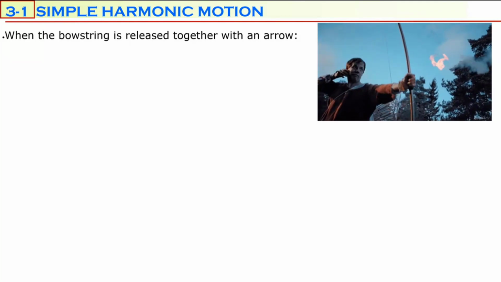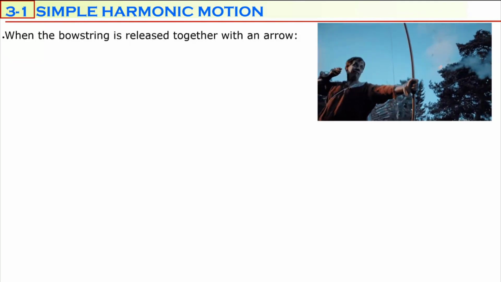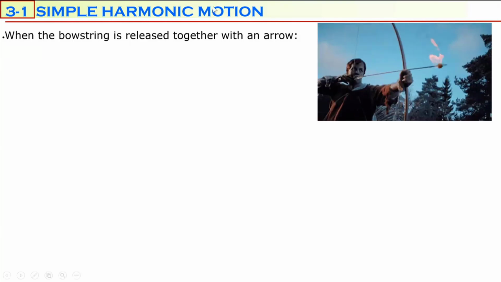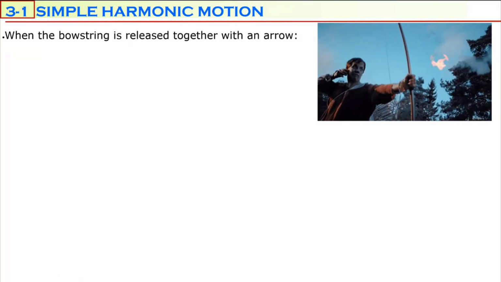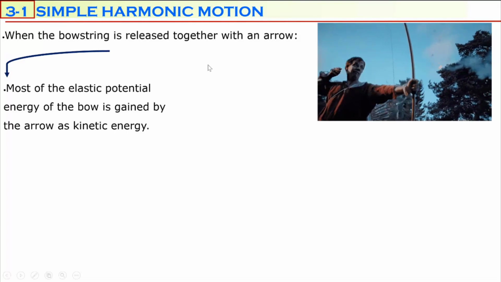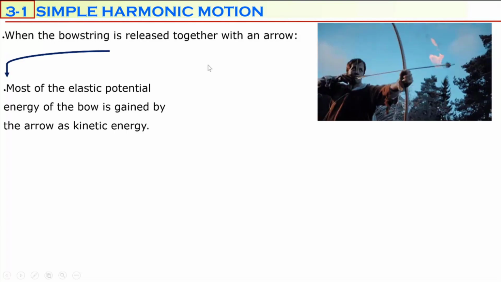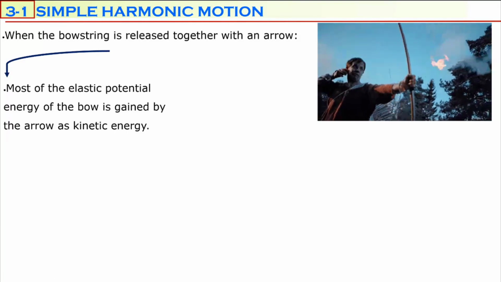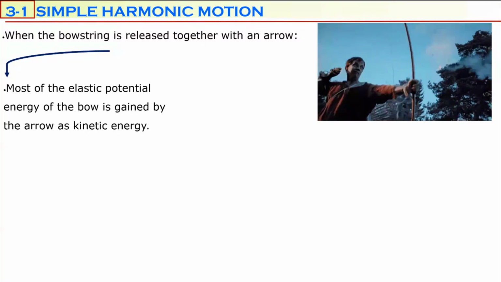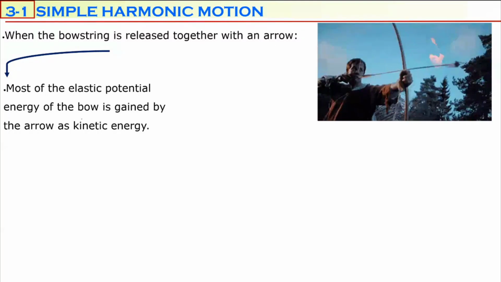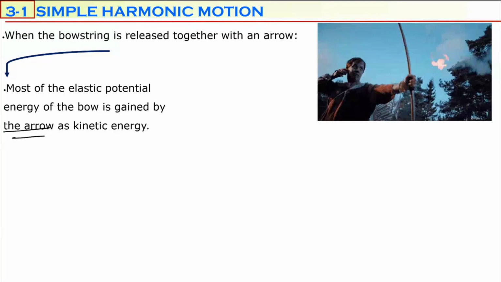Yani when the bowstring is released together with the arrow, bow takes its original shape, releases all its elastic potential energy, and most of this elastic potential energy initially stored by the bow will be gained by the arrow, because arrow is fastest.